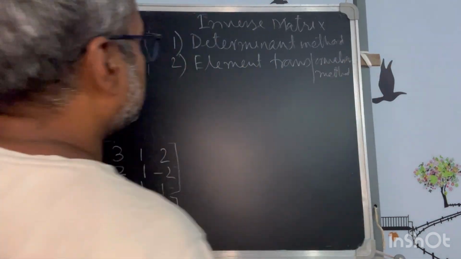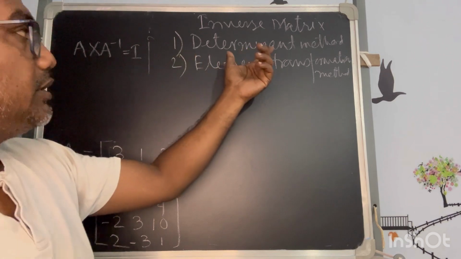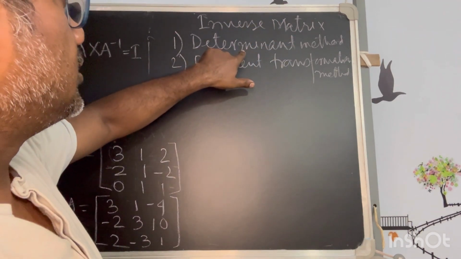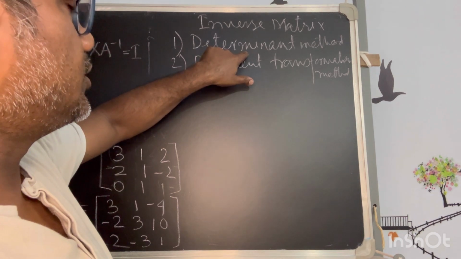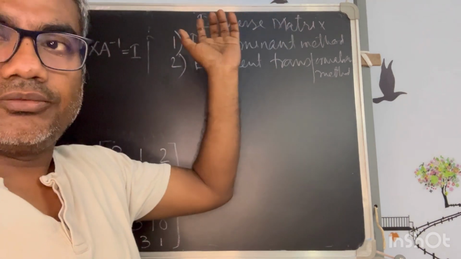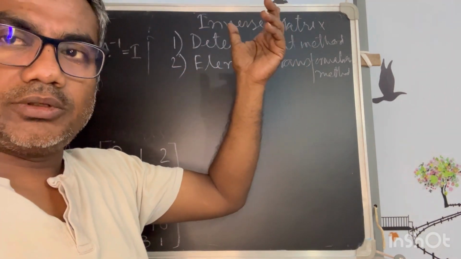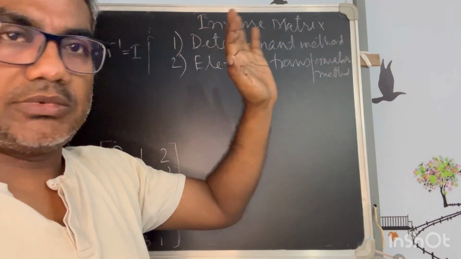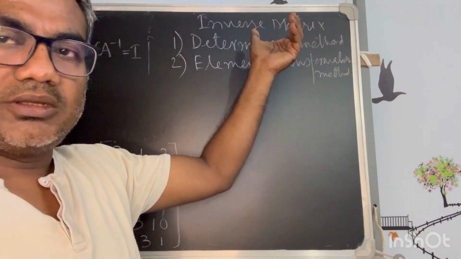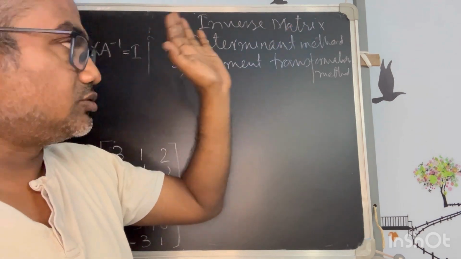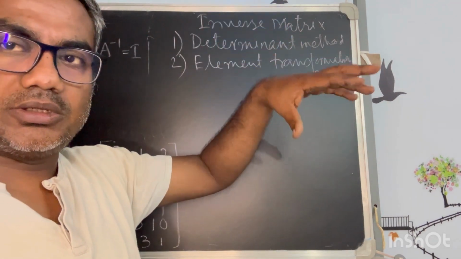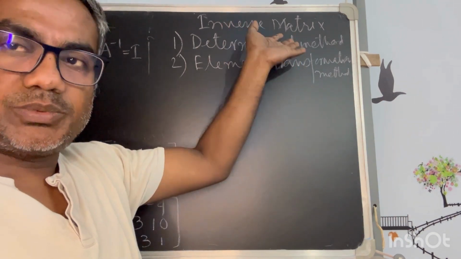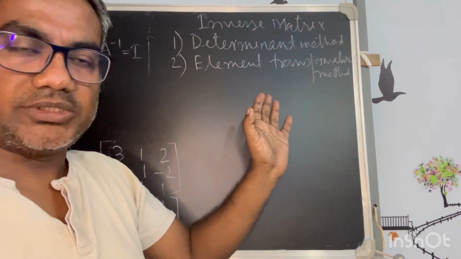So these are the two methods. Usually people say there is a third method, but this is one way of the determinant method, where at the end we find some formula. They say it is another method, but that is in turn the same as the determinant method. So I am not treating it as a third method. Rather, I will explain where the third method comes into the picture.